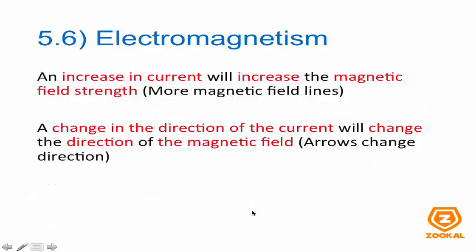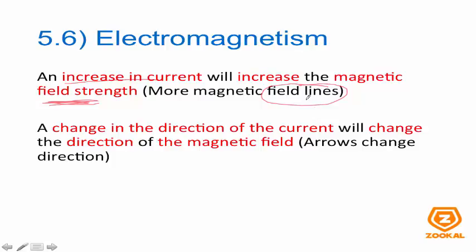So what affects the magnetic field strength and the direction of the magnetic field? An increase in current increases the magnetic field strength. And to represent an increase or decrease in magnetic field strength, we use the field lines. More magnetic field strength means more magnetic field lines. The weaker the magnetic field strength, the fewer the field lines.